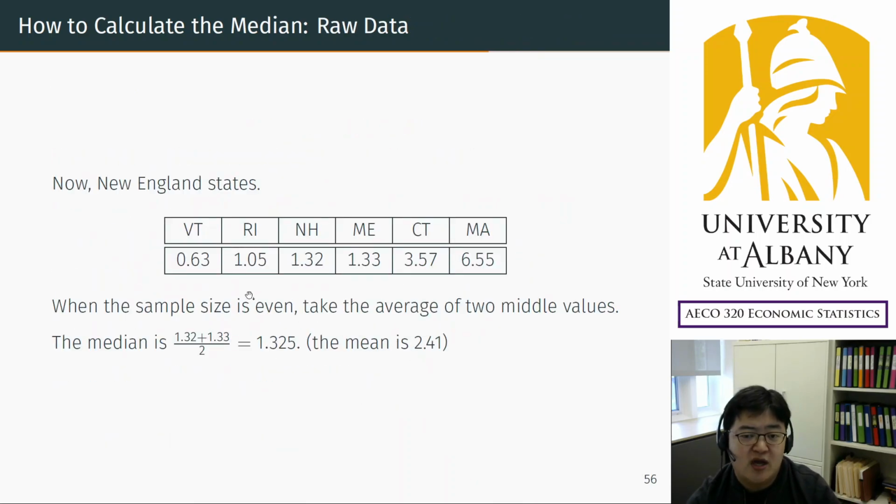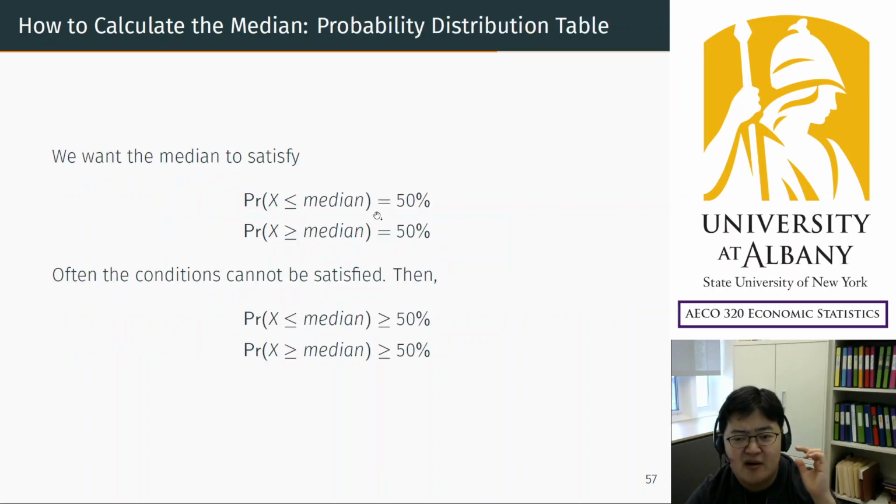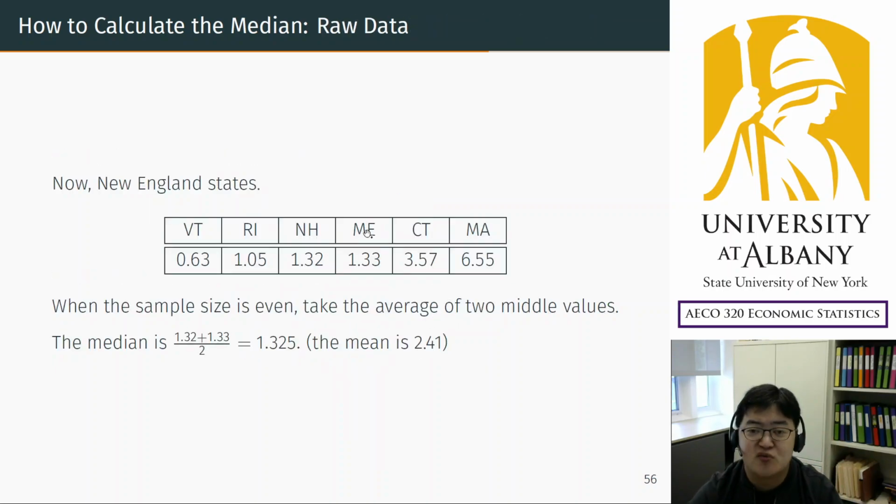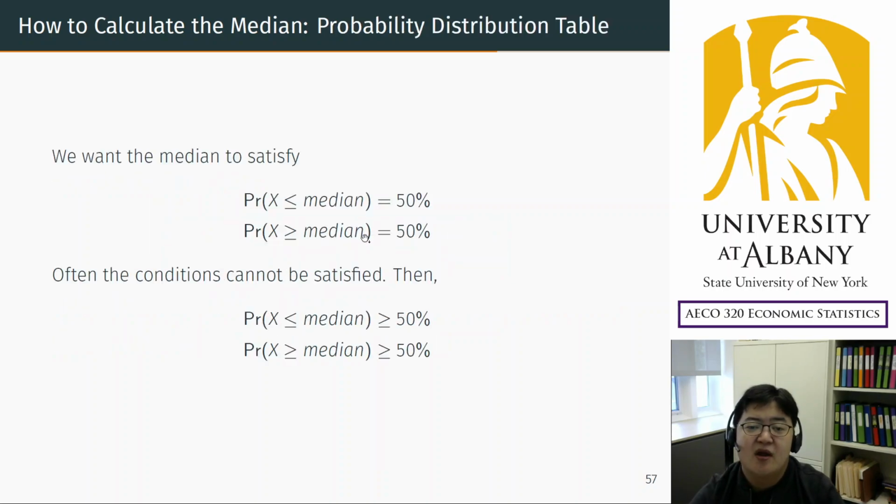When you have raw data, it's pretty simple. Just rearrange and choose the middle one. There is a minor problem when you have an even number of observations, but not a big deal. I don't worry too much about this. But when you have a probability distribution table, it gets more complicated.